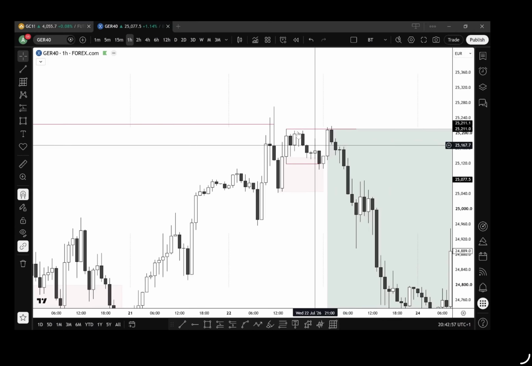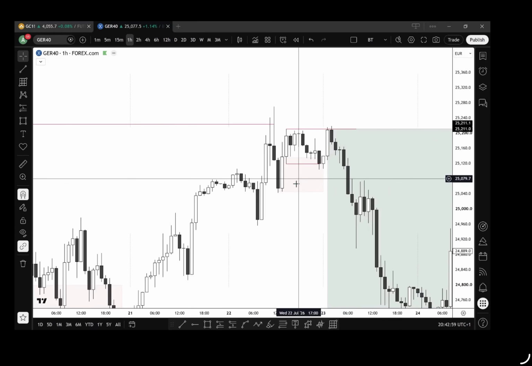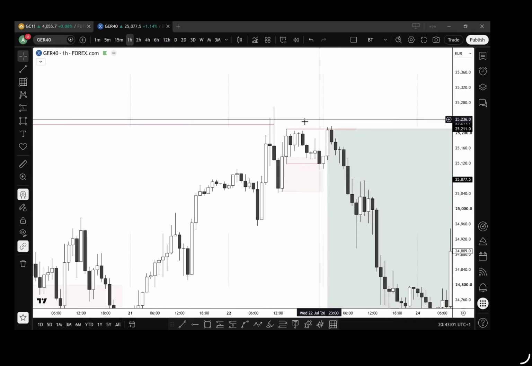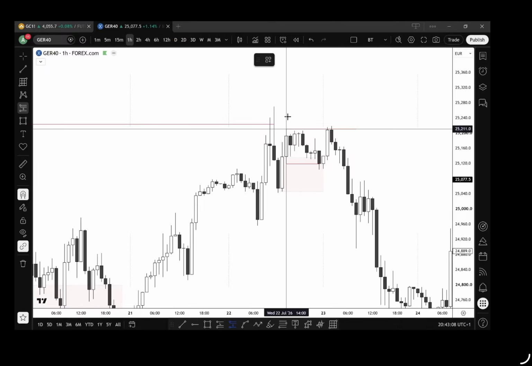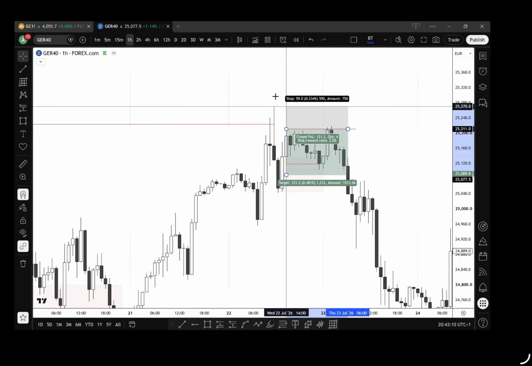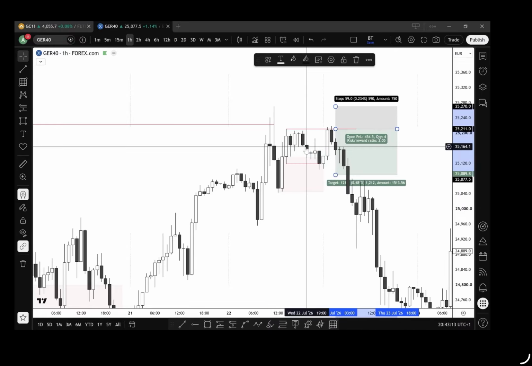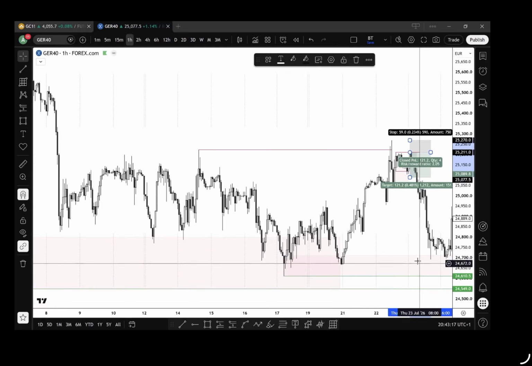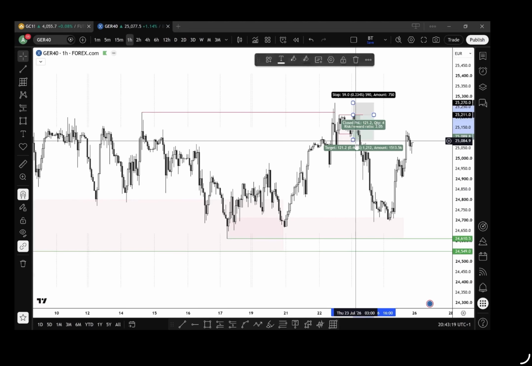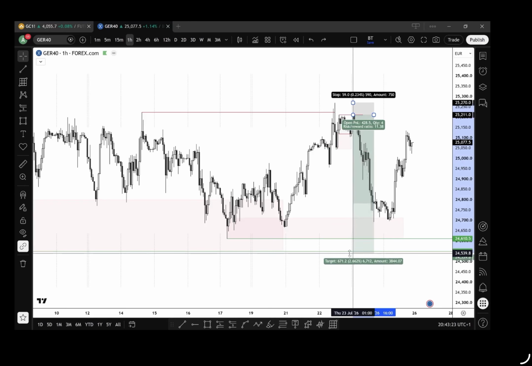We induce lower, buyers getting in, induce higher, trapped, and I believe Abid took this position. As soon as those highs go, I'm not sure if he took that exact position, but anywhere in that area, and then you would have been essentially taking it all the way down to those lows.